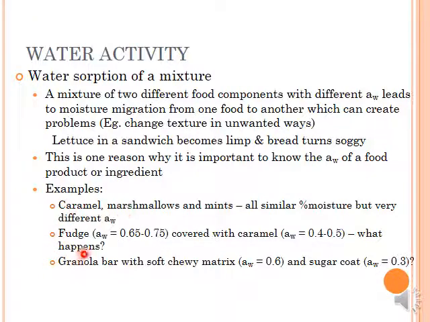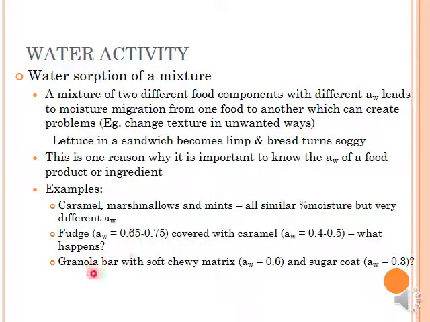So if you have fudge, with water activity in the range of 0.65 to 0.75, covered with caramel, which has the water activity in the range of 0.4 to 0.5, what would happen? You would expect moisture migration occurring here.